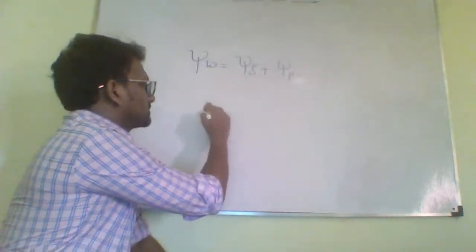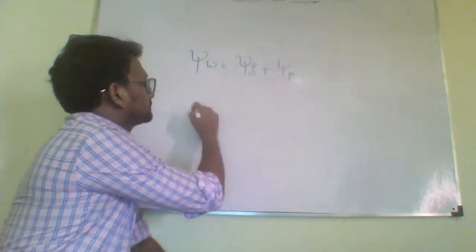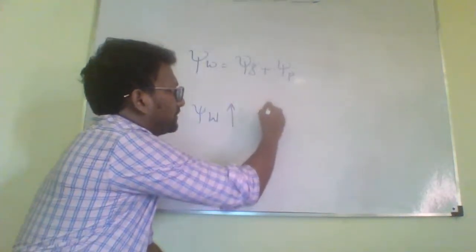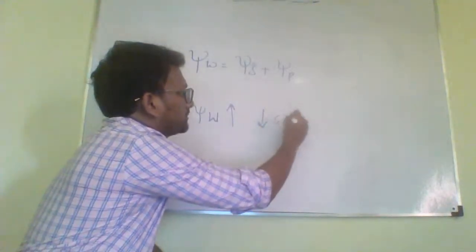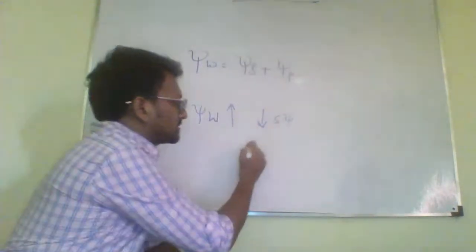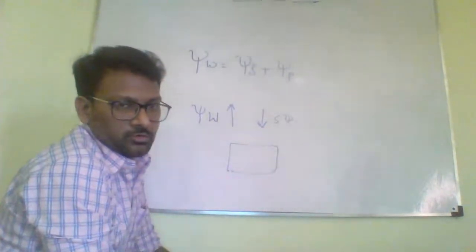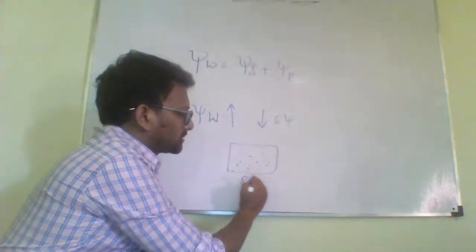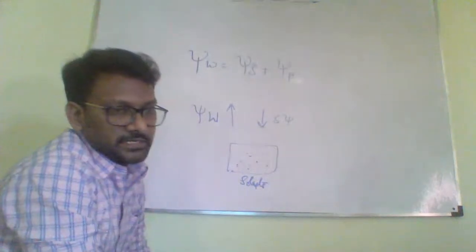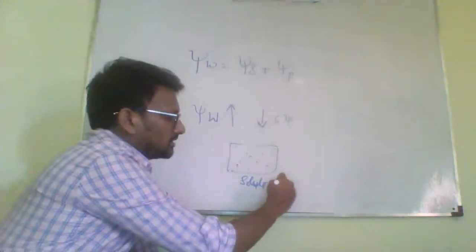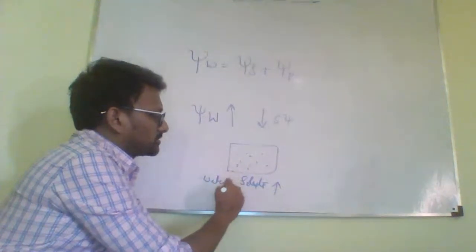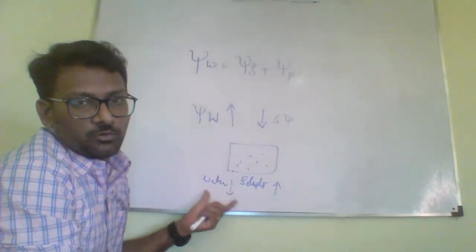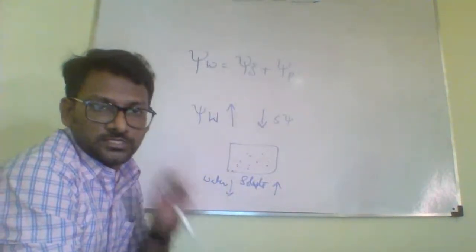Water potential will be high if its solute potential is less. It means if you take a sample of water and it contains more number of solutes, it means water molecules are less. In the sense, the kinetic energy of the water would be less. It means the water potential is less.